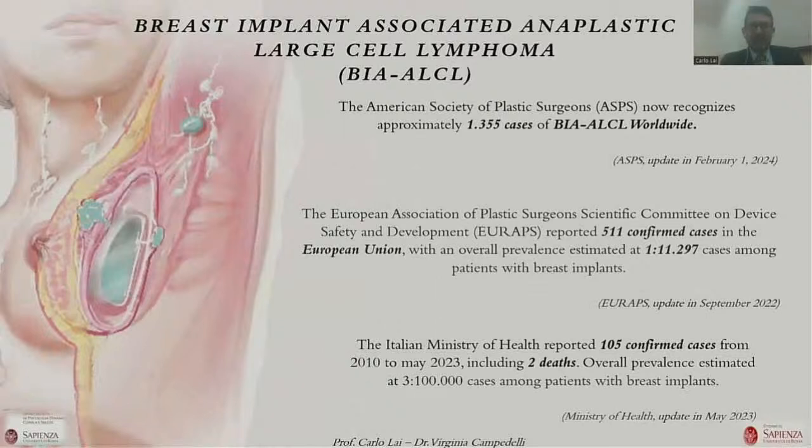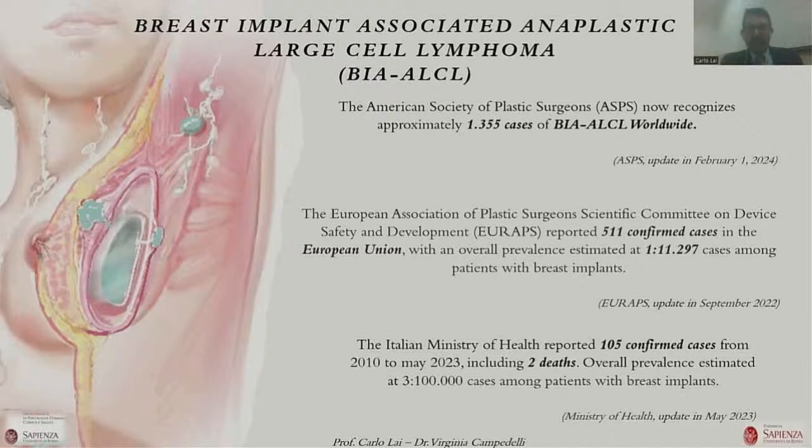The data in the world about this specific type of lymphoma due to breast implantation are very different in the world and in the single countries. The American Society of Plastic Surgeons reports approximately 1,300 cases of this type of lymphoma.